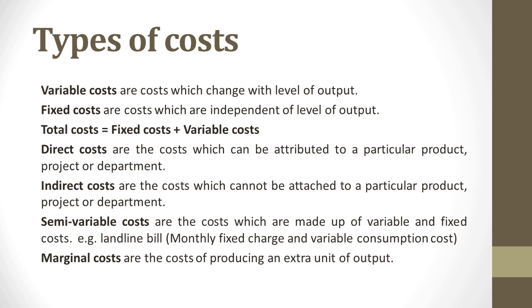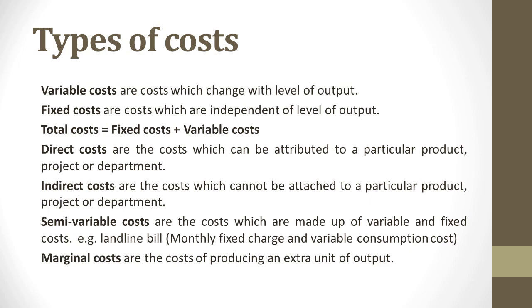After talking about total cost, we can now jump on to two other variations of cost, which are direct costs and indirect costs. Costs which can be traced back to or identified with a particular product, project or department are called direct costs, and costs which cannot be traced back to or identified with a particular product, project or department are called indirect costs.